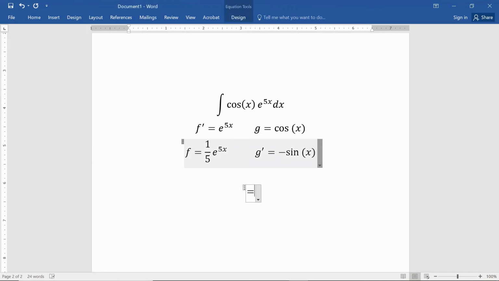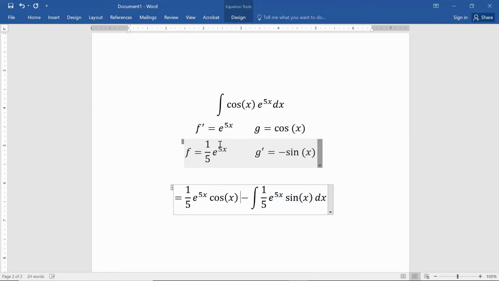That means that integration would have been f times g, 1/5 e to the 5x times cosine x, minus integrate f times g prime. That's 1/5 e to the 5x times negative sine of x.